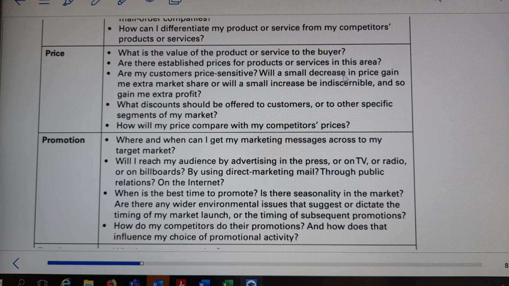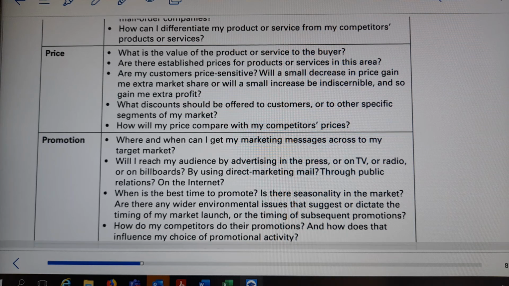Will a small decrease in price gain me extra market share, or will a small increase be indiscernible and so gain me extra profit? What discounts should be offered to customers or to other specific segments of my market? And how will my price compare with my competitors' prices?